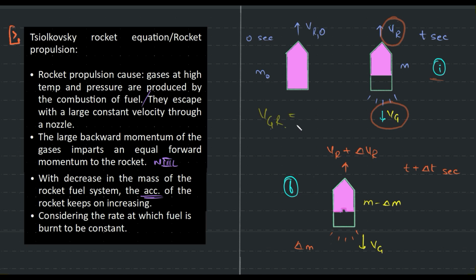So the velocity of the gas with respect to the rocket will be the velocity of the gas, that is minus Vg, minus the velocity of the rocket, that is plus Vr. So minus Vg minus Vr, or if I transpose, I'll get minus Vgr.